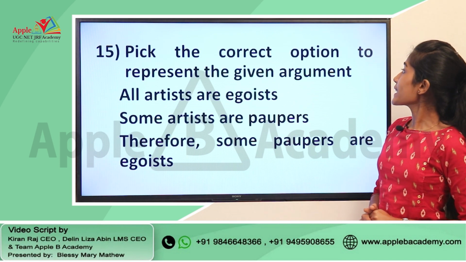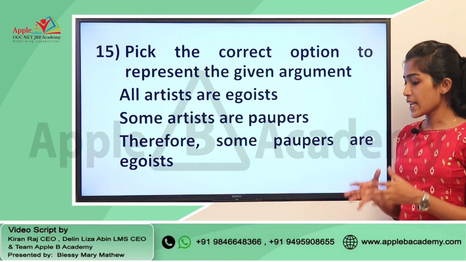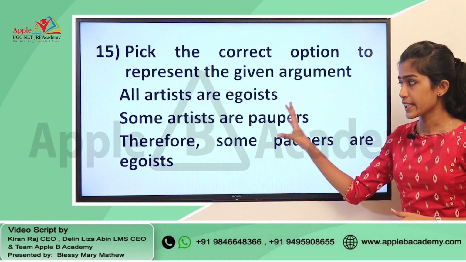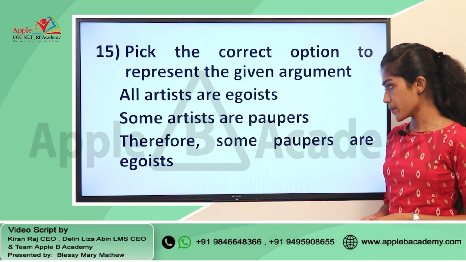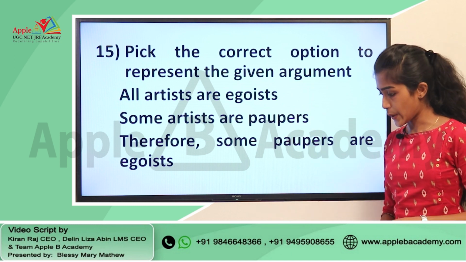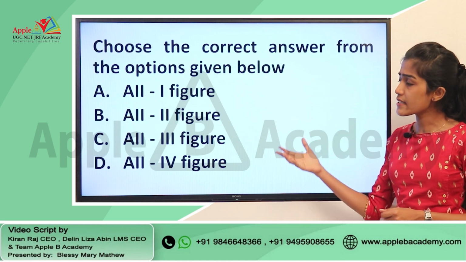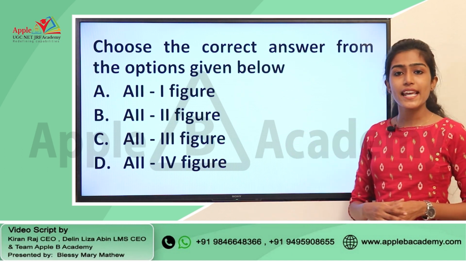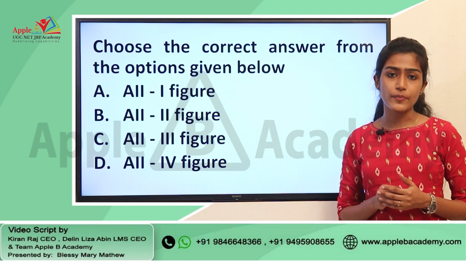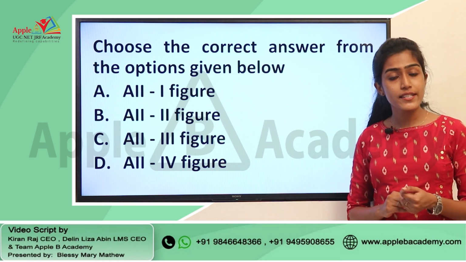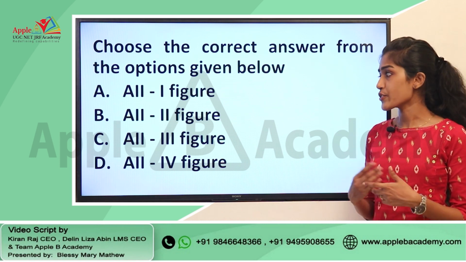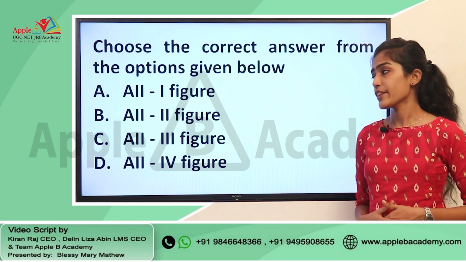Next question, pick the correct option to represent the given argument, and you have a particular argument here. All artists are egoists, some artists are paupers, therefore some paupers are egoists, and if you consider the options given, we can say that this particular question is from the area mood and figure. So, this is from the module logical reasoning from Western logic. We have already learned about this mood, figure and all that.